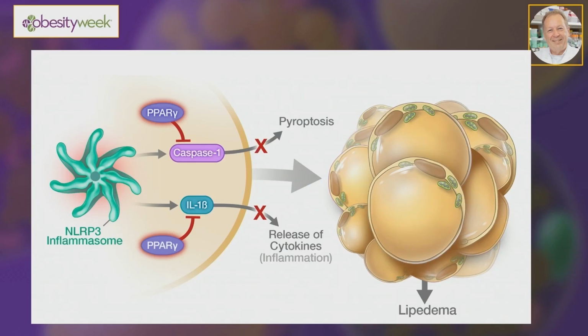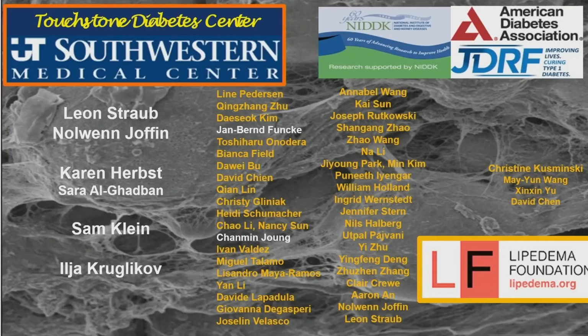And then PPAR gamma, the key adipogenic transcription factor, is actually being induced by this inflammasome as well as a repressor. We have enhanced PPAR gamma activity. And again, that's in principle a good thing, but not in the context of this one-way street towards hyperproliferation of the fat tissue in this particular context.